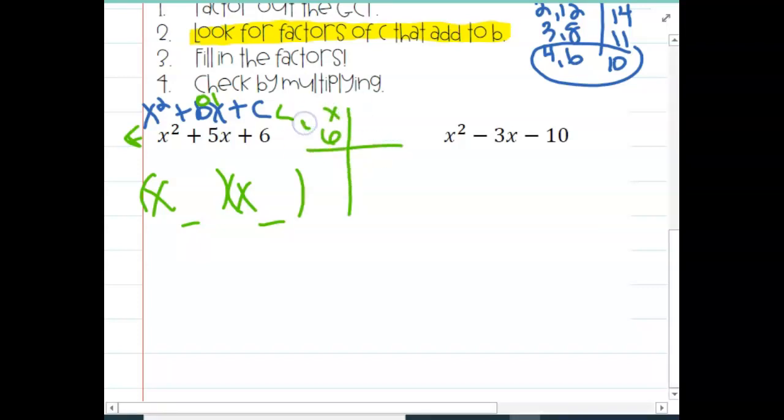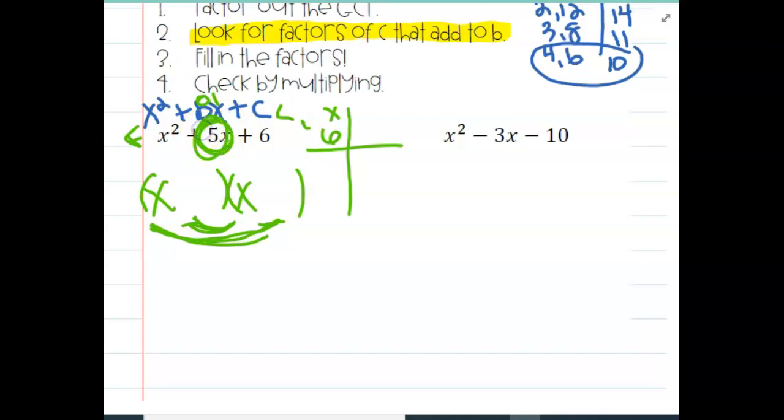That's my L. Now, those same two numbers are going to be the O and the I. See how it's going to be something x and something x? They're both x's, so to combine them together, you would just add the number in front. Those same two numbers, after they combine together, are going to give me 5x. So those same two numbers have to add to give me 5.